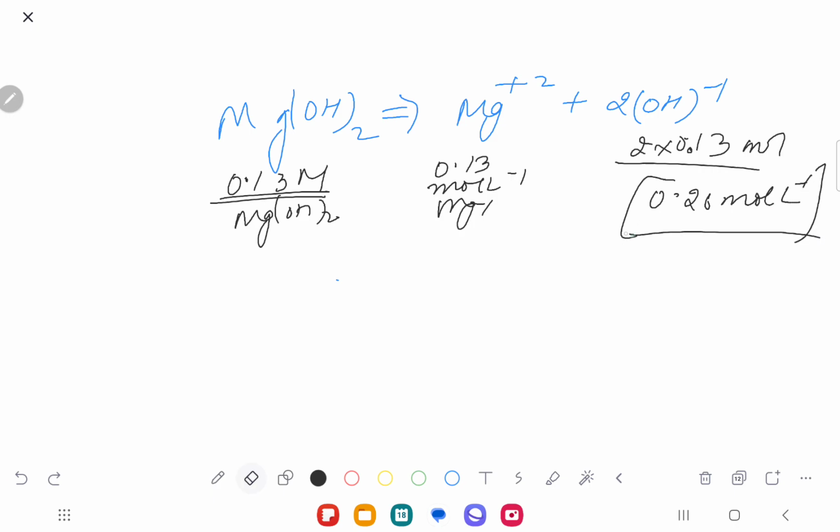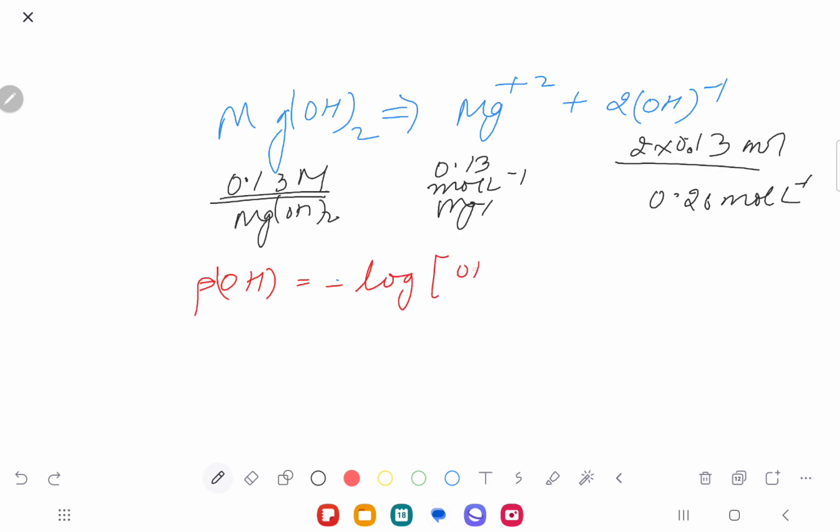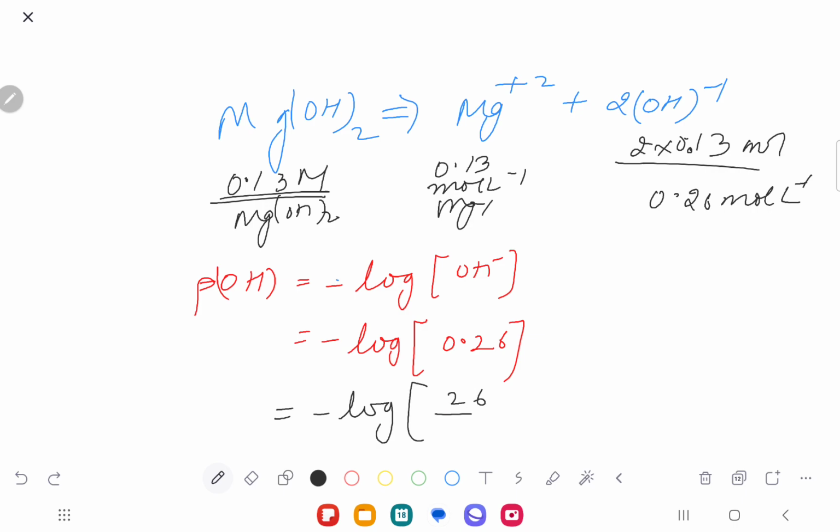And if my OH ion concentration is 0.26 moles per liter, I hope you're understanding my POH value here shall be minus log of OH negative. So minus log of 0.26, which is 26 over 100. So log A over B is going to become what?